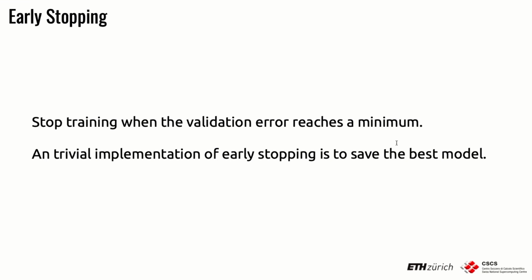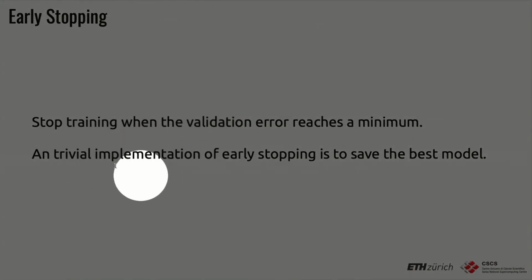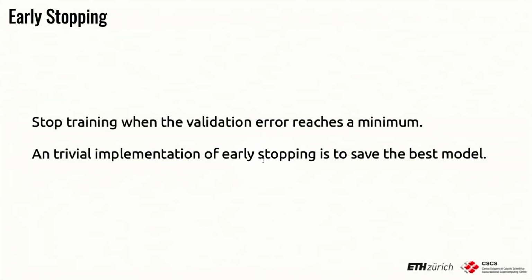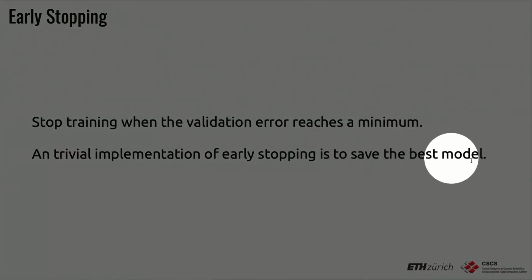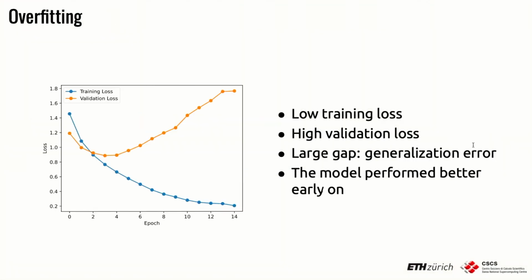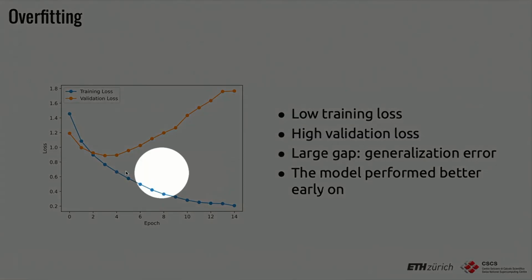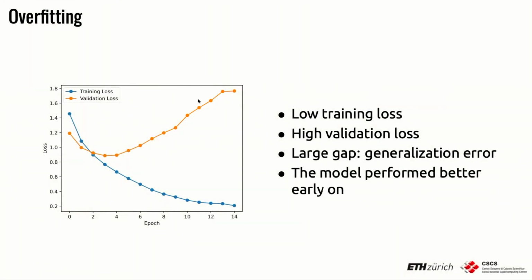This is a very simple thing to do, and a trivial implementation of early stopping is essentially to save the best model. So at every epoch of your training, you look at the validation loss because you compute it for every epoch.